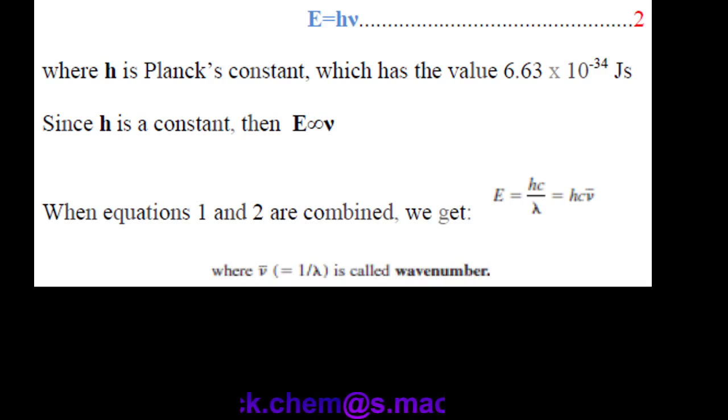Right, so where we have wavelength, which is the distance between two waves or two crests of two waves, we can take lambda, which is wavelength, and if we express wavelength as its inverse, 1 over lambda, this new number which is obtained is what we call wave number.